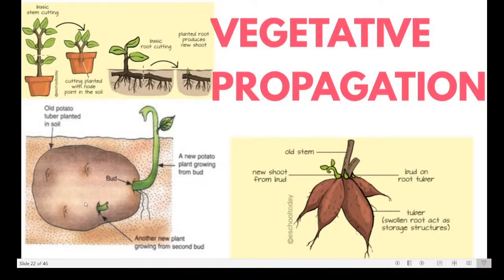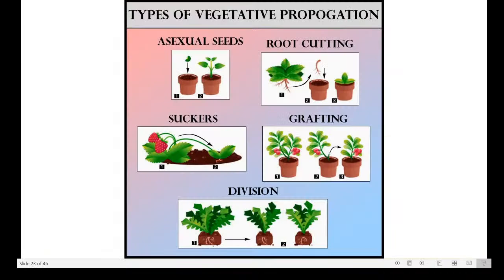If you submerge any potato pieces, they will propagate into multiple plants. Another is that particular root material helping to propagate the next plant. This is a type of propagation. We have different types of propagation.